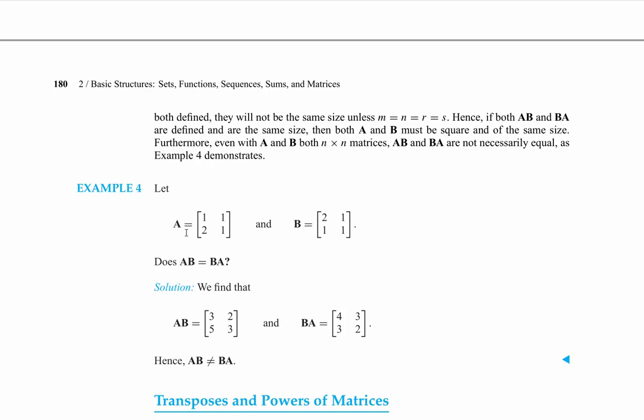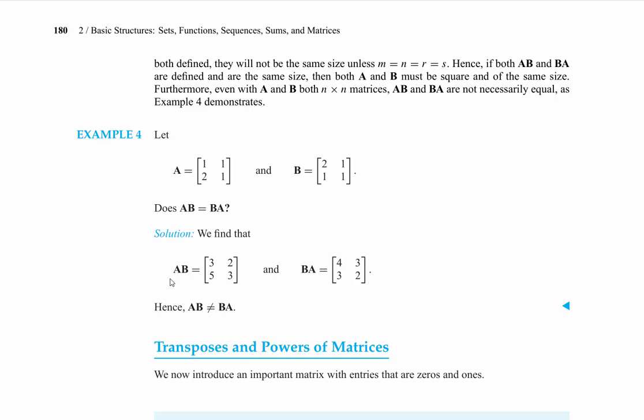Yeah, this example 4. So we have the square matrix A, 1, 1, 2, 1. Square matrix B of the same size, 2, 1, 1, 1. So if you put A first, so A times B, well, the first row times the first column, that's 1 times 2 plus 1 times 1, yeah, that's definitely 3.